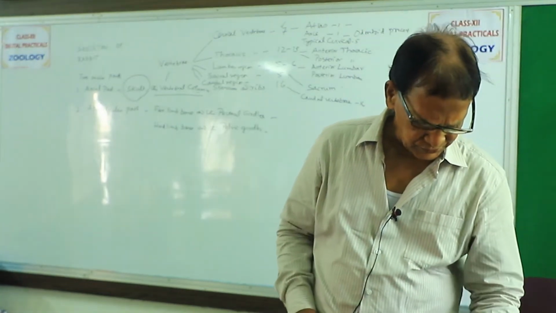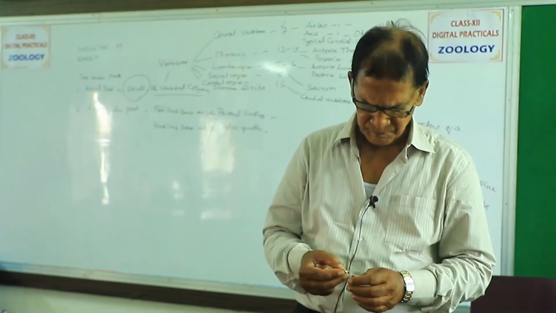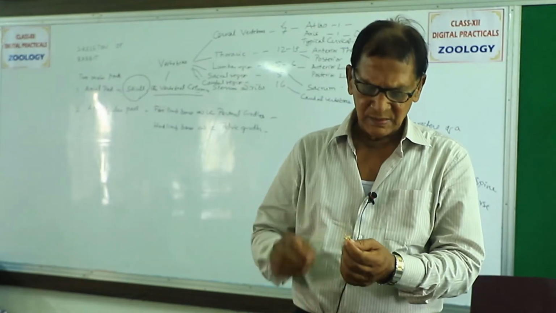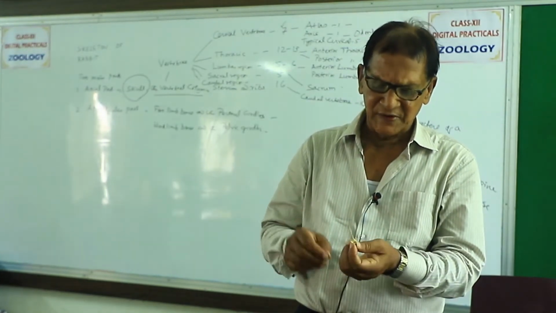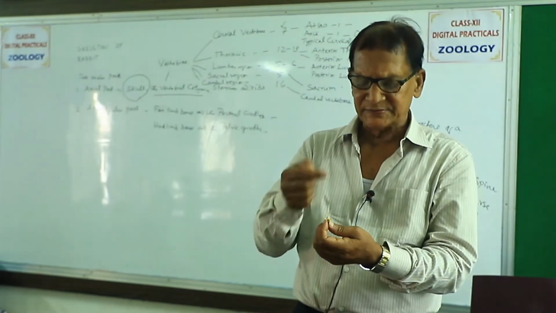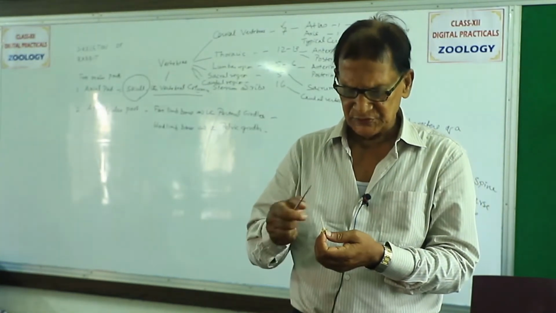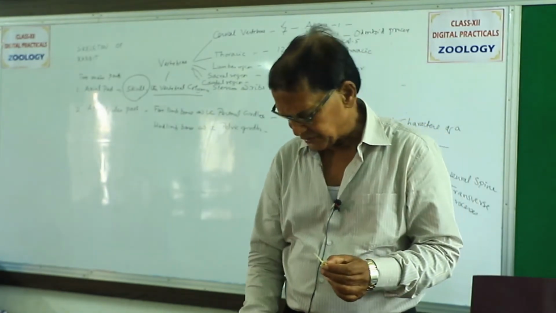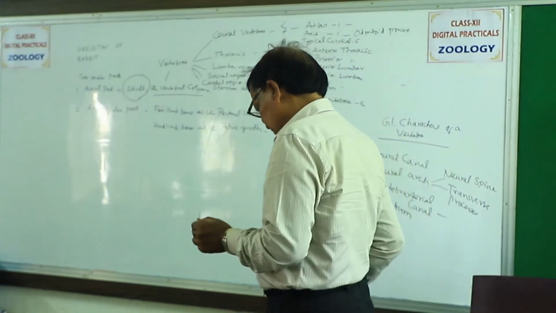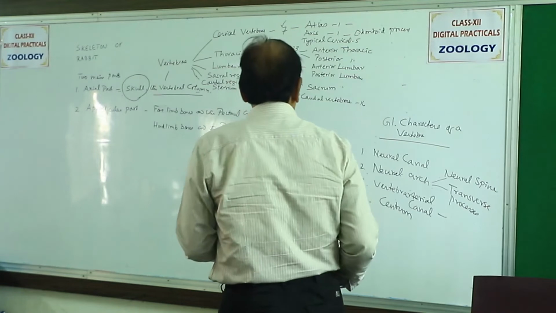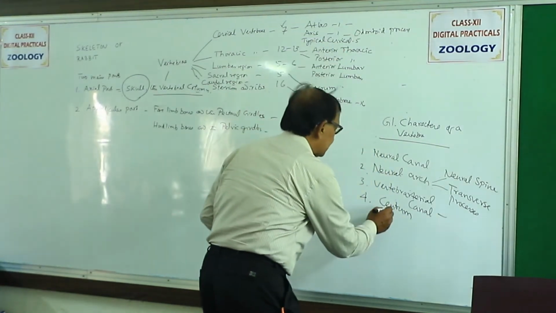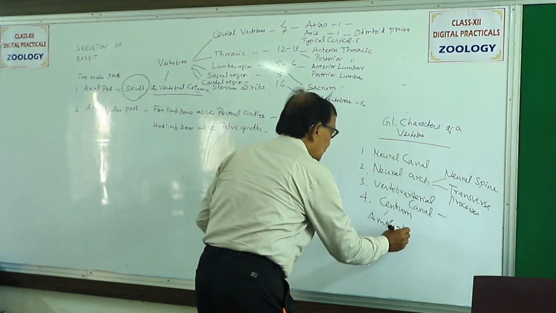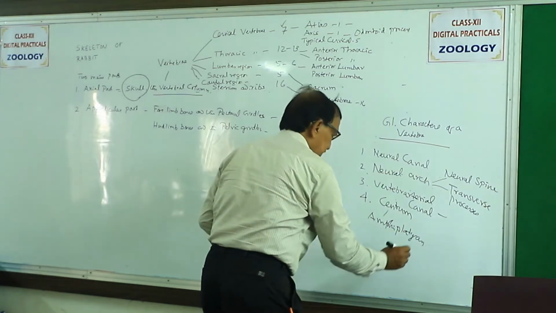Then we come to the thoracic vertebrae, 12 or 13, and some of the anterior ones are easily identified by their long, backwardly directed neural spines. So this is the centrum, and the nature of the centrum in mammals is called amphiplatyan. Amphiplatyan means flat on both sides, anterior side and posterior side.